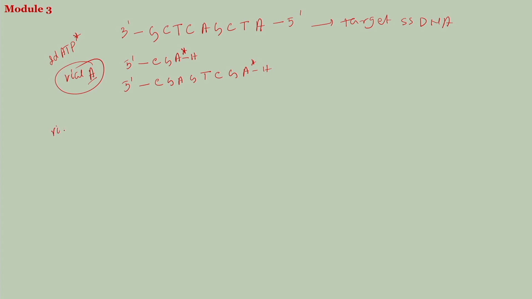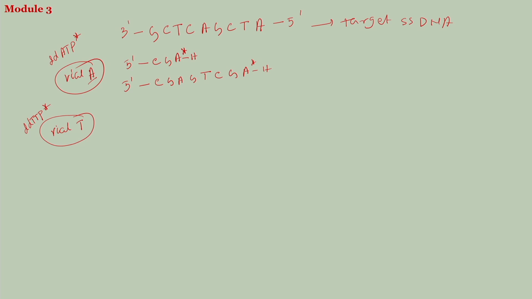The second is vial, let us say T, and that has ddTTP, the labeled one.